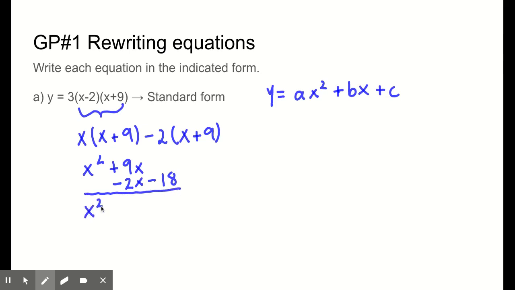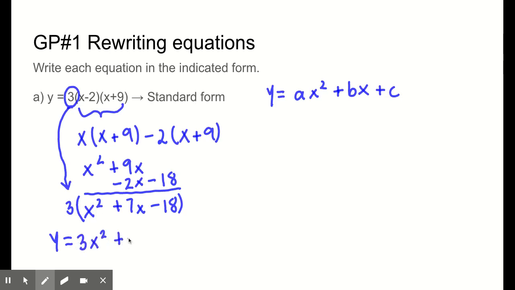That's going to be x squared plus 7x minus 18. But then we also have this a value out in front, which we need to distribute. So in standard form, we're going to have y equals 3x squared plus 21x minus 54.